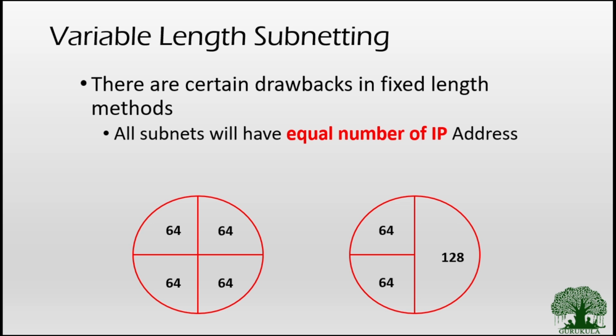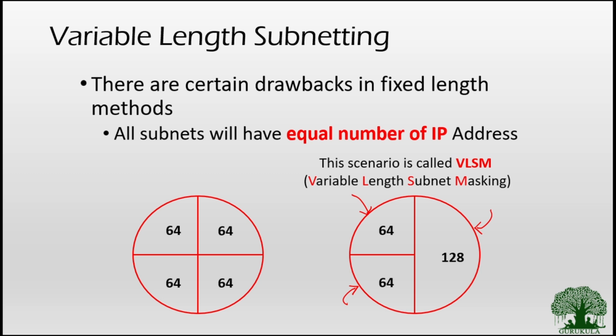But what if I need to divide the network so that it has a variable number of IP addresses? For one department I should use 64 IP addresses, for another department 64, and for one department I should use 128 IP addresses. In these cases we cannot use fixed length subnetting. This is where variable length subnetting comes into the picture.